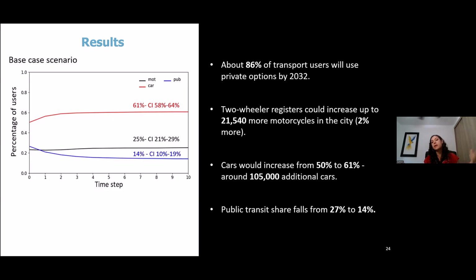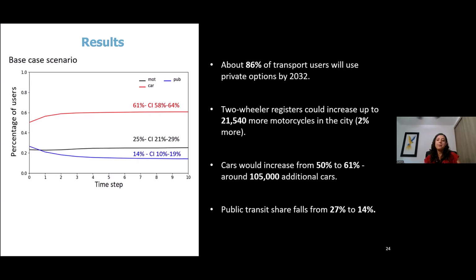We are experiencing a decrease of these users, and that will exacerbate even more the problems that we already have in our mobility, because it will add up about 20,000 more motorcycles and 100,000 more vehicles in circulation.